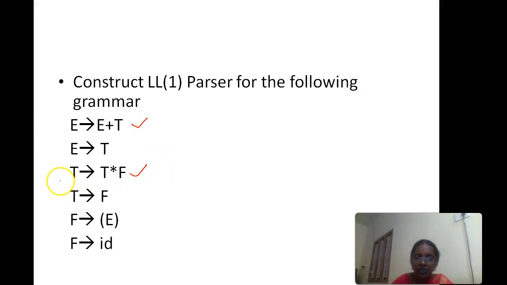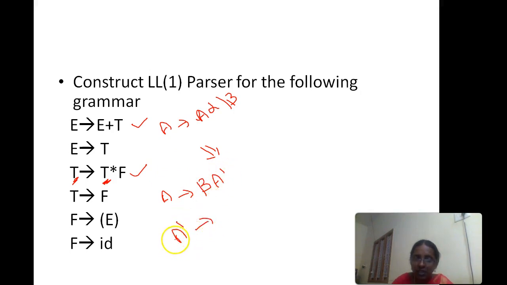This is the left recursive grammar, because the leftmost symbol in the body of the production is the same as the head of the production. As we know the rule, let us take A implies A alpha or beta. If you have such a production, then it will be A implies beta A dash and A dash implies alpha A dash or epsilon.